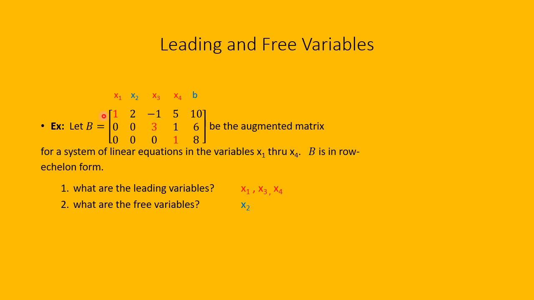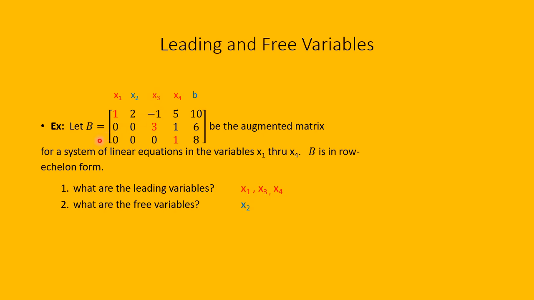So in the first row, this 1 is the leading non-zero element, and so x sub 1 is a leading variable. Looking at the second row, we have a couple zeros and then a 3. This is the first or leftmost non-zero number in the second row, and it corresponds to the variable x sub 3. So x sub 3 is also a leading variable.